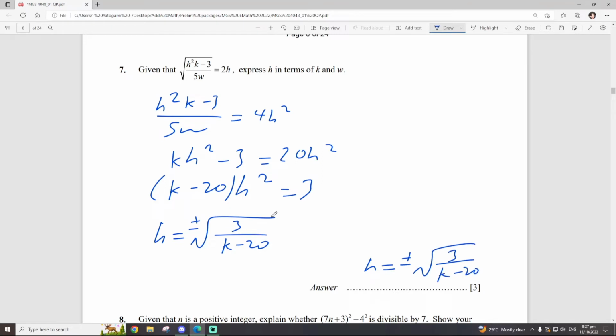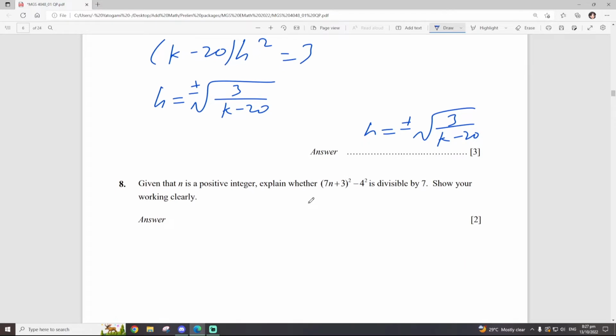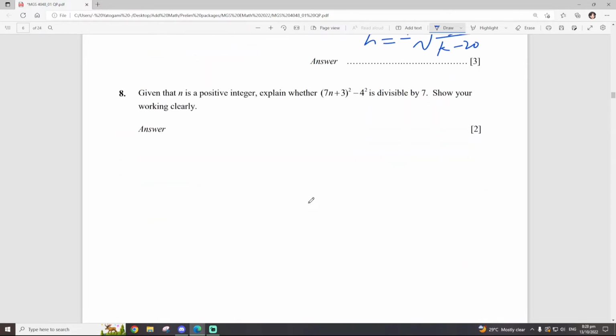Okay, cool. Given that n is a positive integer, explain whether this is divisible by 7. (7n plus 3) squared minus 4 squared. Let's expand this.